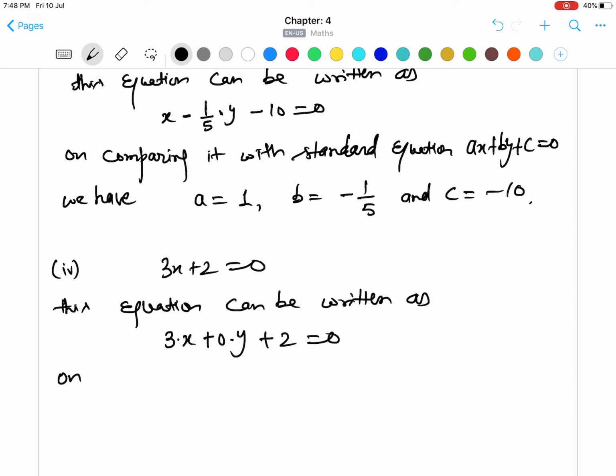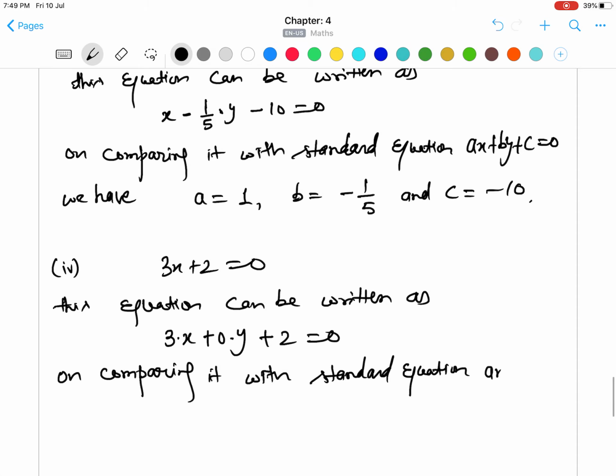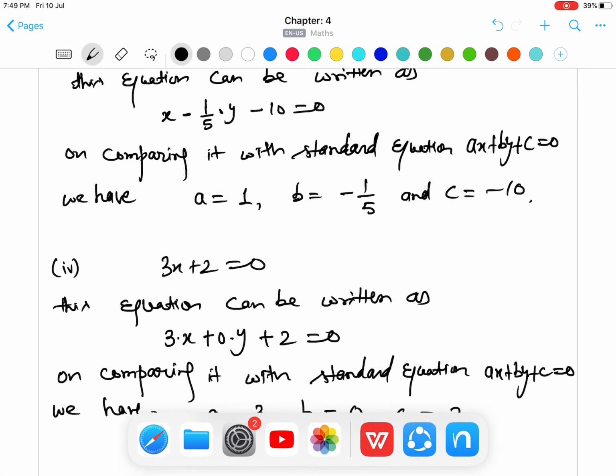So on comparing it with the standard form, which is ax + by + c = 0, we have a = 3, b = 0 and c = 2.